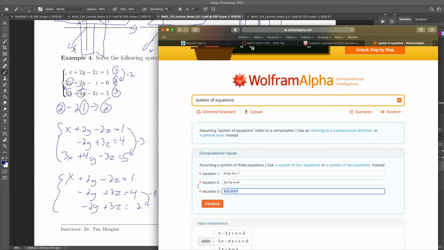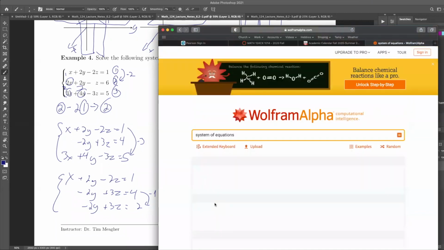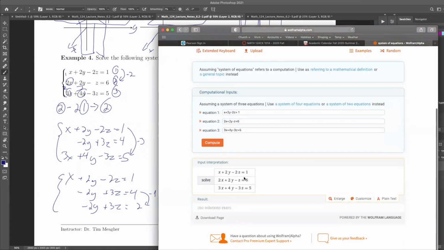And then here we have 3x plus 4y minus 3z equals 5. We'll just hit compute, and hopefully. All right, so here's our result, and it says no solution, which is good.